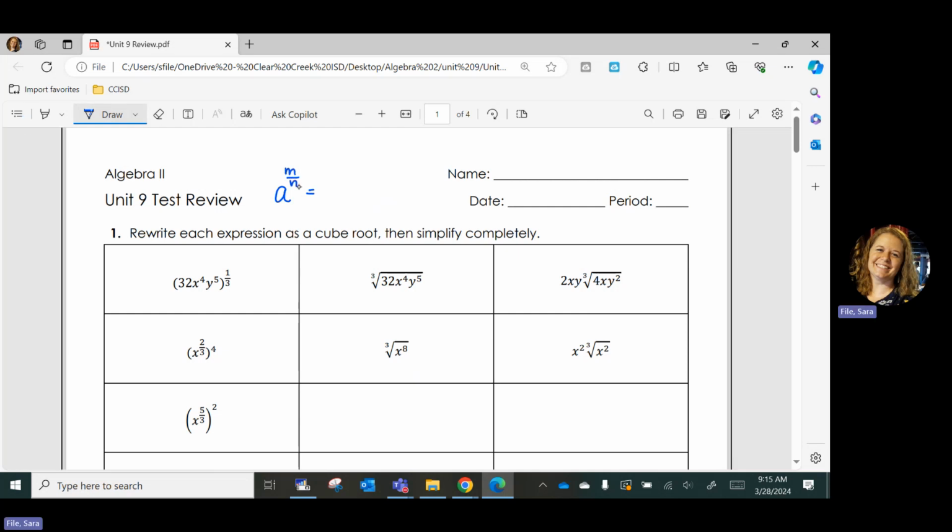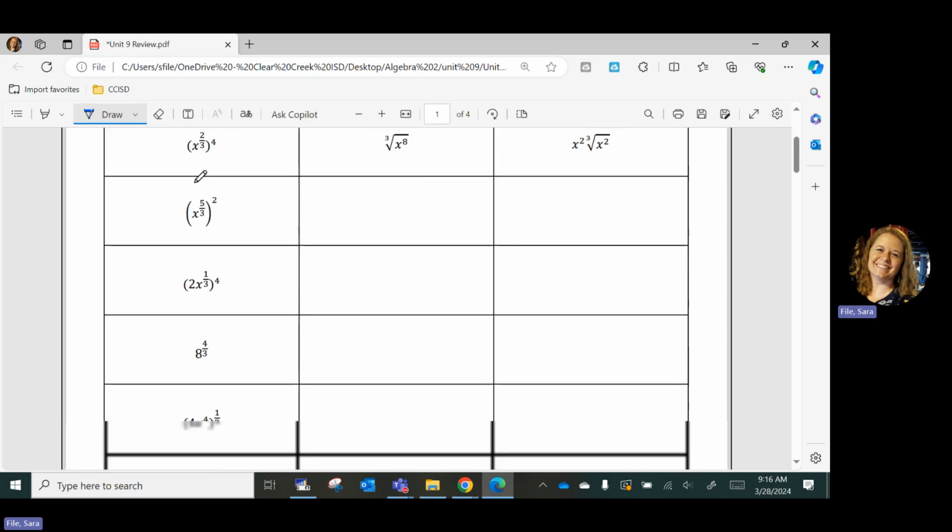Your denominator becomes the root of the radical, and the numerator becomes the power. That power can be written on the outside of the radical, or on the inside. Those are both correct. We're going to keep that in mind as we're rewriting rational exponents as radicals.